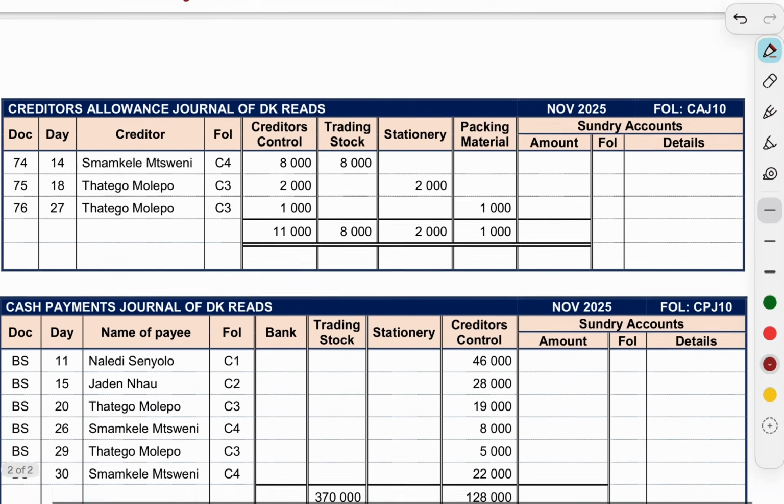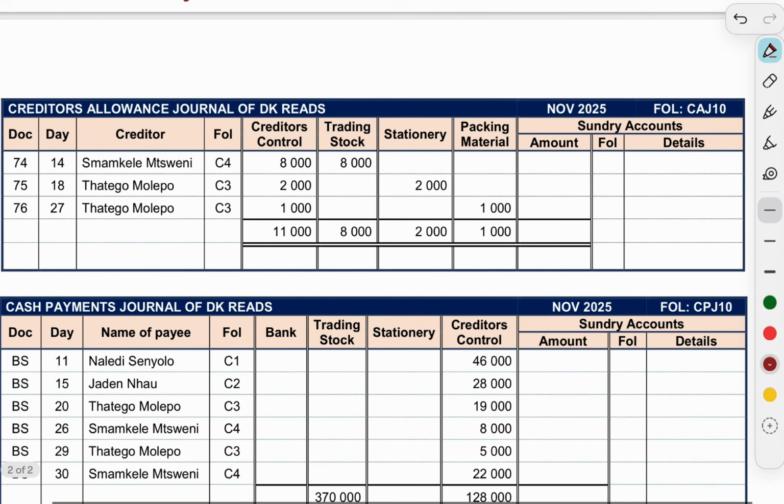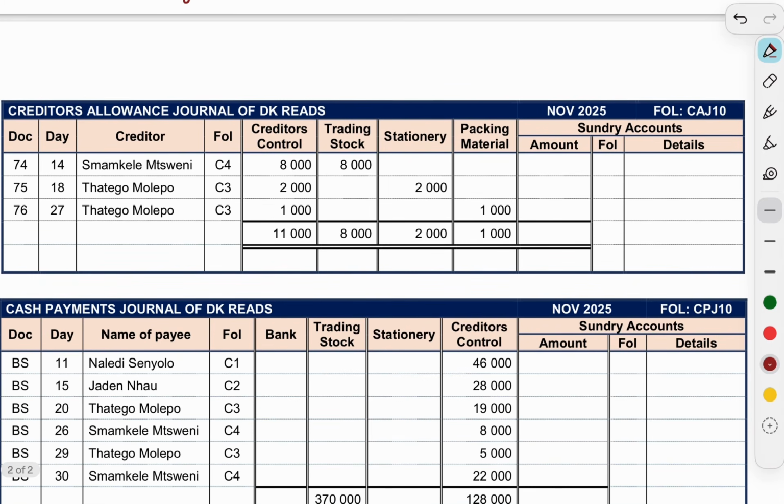Okay, moving on to the creditors allowances journal. You should also know the purpose of it. The purpose is to show returns, or record transactions relating to returns made to creditors during the month.